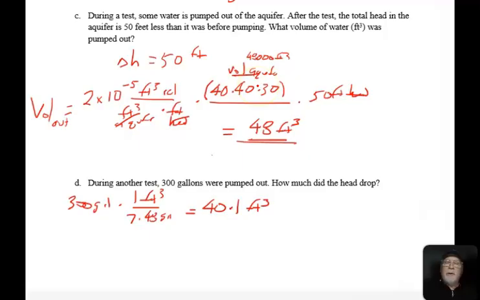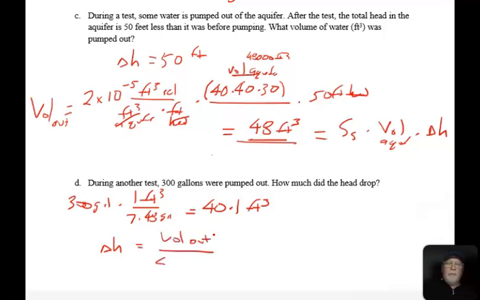So up here, the volume out was, we took the specific storage times the volume of aquifer times the change in head, right? So here, the change in head then would be the volume out divided by the specific storage and divided by the volume of the aquifer.